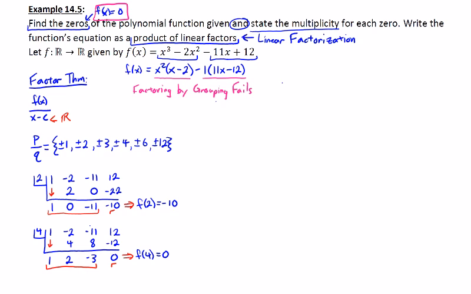So what does the factor theorem say that we can do with this? Well, the factor theorem says that we can now take f of x and we can factor it as the divisor times the quotient. You can only do that if the remainder from that division is 0.